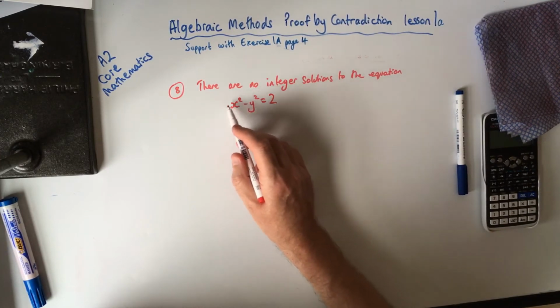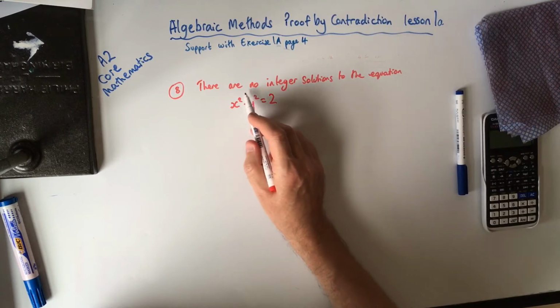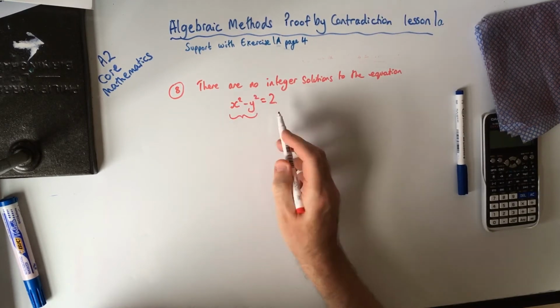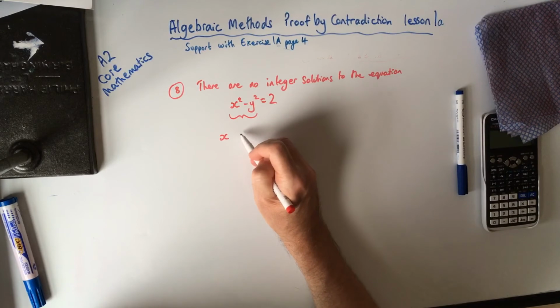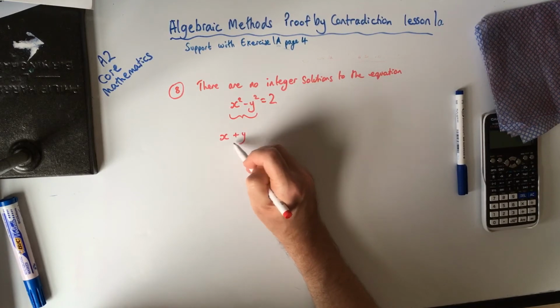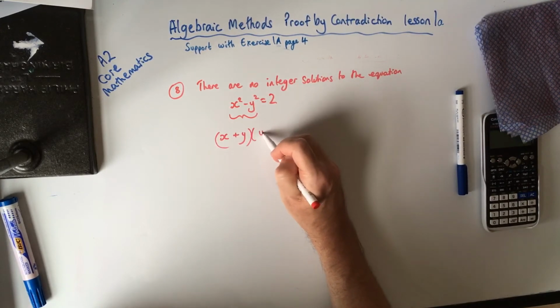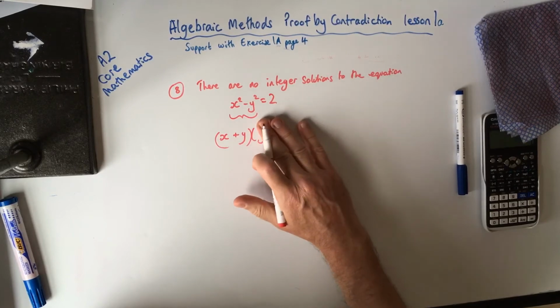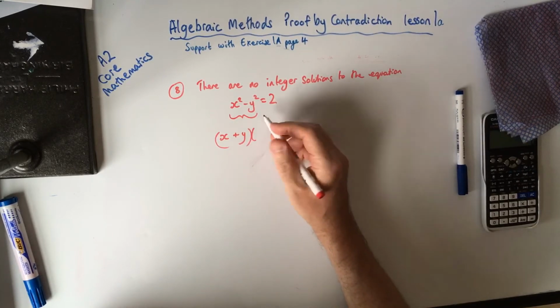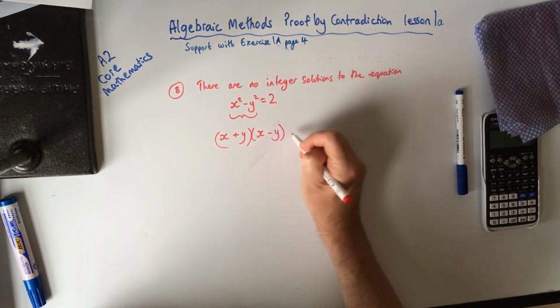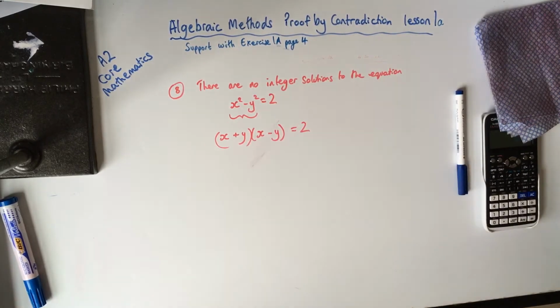So if there are integer solutions to this, if you look at this bit here, that perfect square, it can be factorized to x plus y times x minus y is equal to 2.